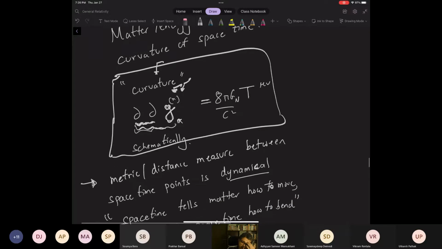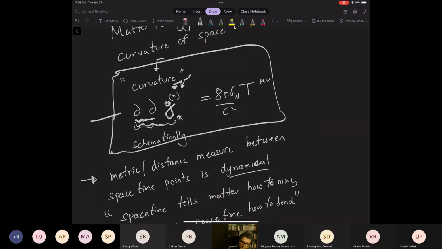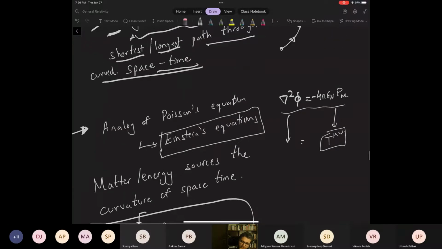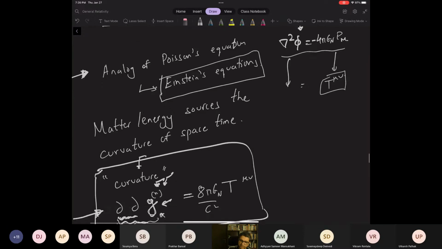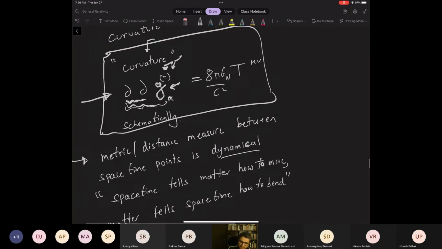In fact, you have to solve this equation for g, which is roughly like solving for the gravitational potential in Newtonian mechanics. The difference is that here you think about gravity not as a potential, but as a curvature, as some kind of measure of space-time distance between space-time points. In particular, you're solving for this kind of curvature.